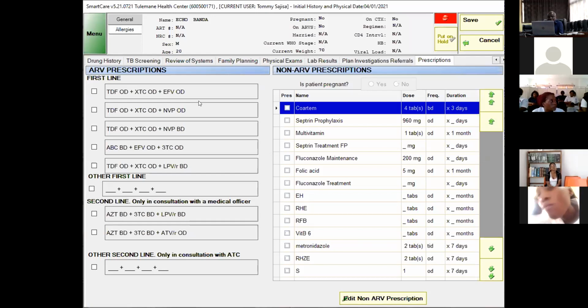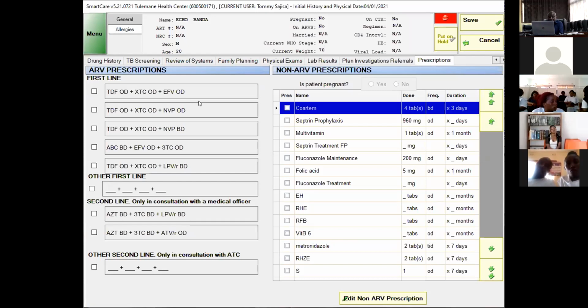You saw it has got the Dolutegravir, the other one has got Tafed, the other one has got the Efavirenz, which has got 400 milligrams on the paper. But here we still have the old one. However, it can still be searched and it can be found, whether it is TLD or TLE, and put as a prescription. So basically, that is how the implementation has been done in the system.